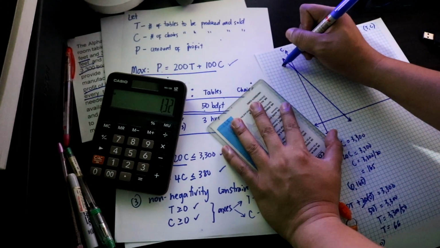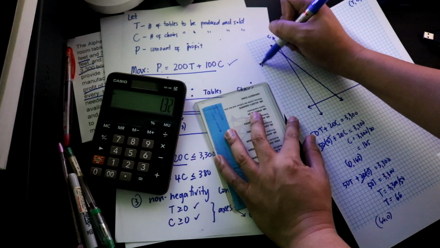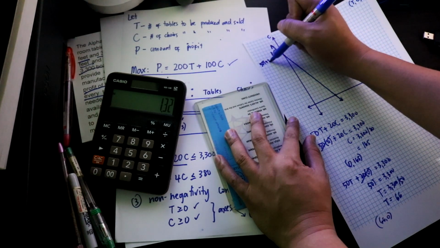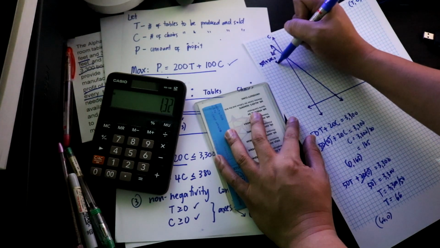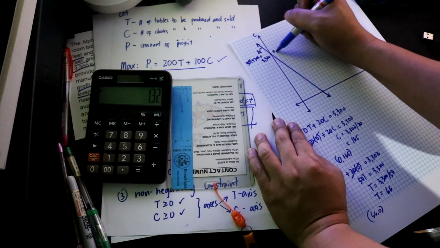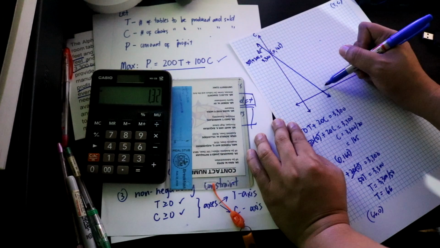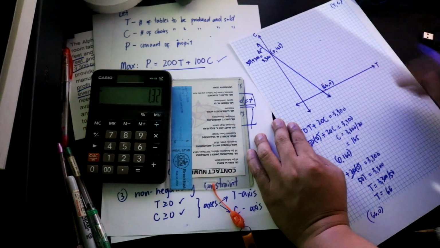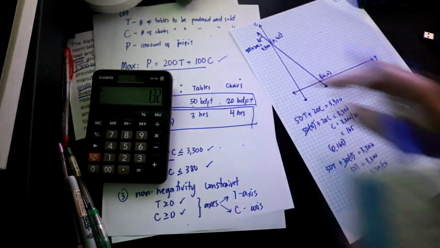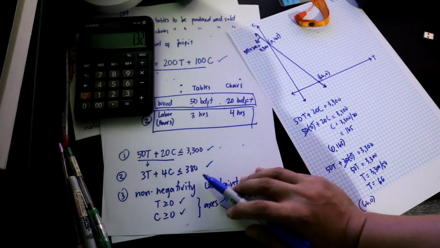This would now be our line 50t plus 20c is equal to 3,300. And this is the point (0, 165). This is the point (66, 0). And we now have one last constraint to plot.